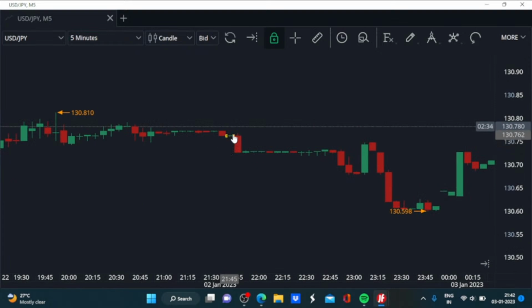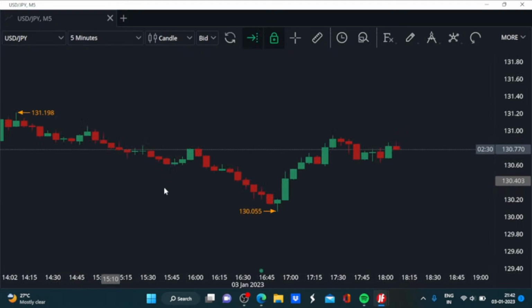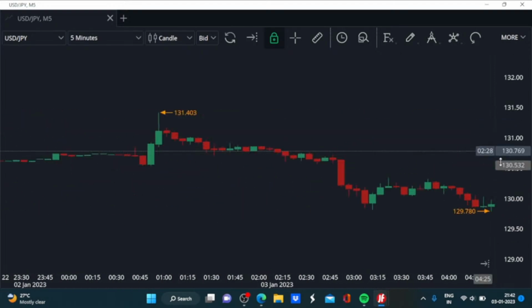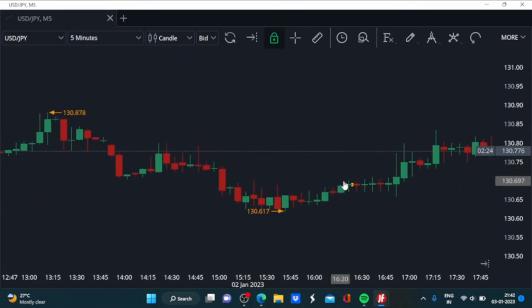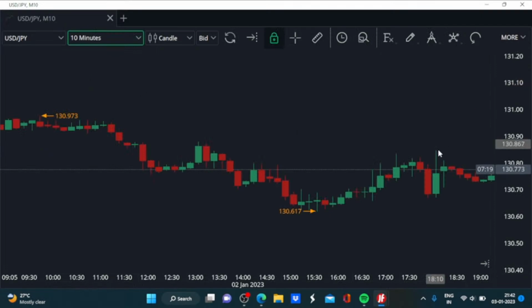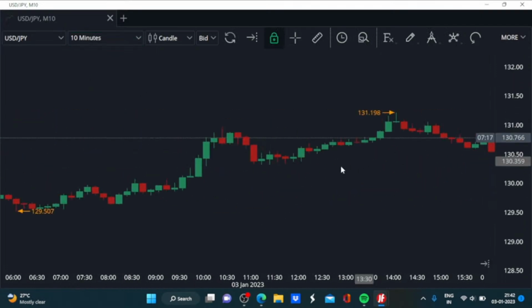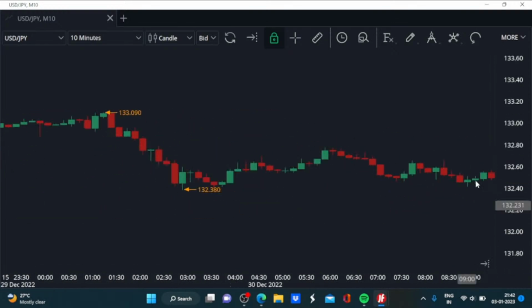Now here, once in a while, you will see this doji star formation being pinpointed on the chart by this bracket formation in bright yellow color. But suppose if I change it to the 10-minute time frame, there is nothing. Now that pattern is not being recognized.